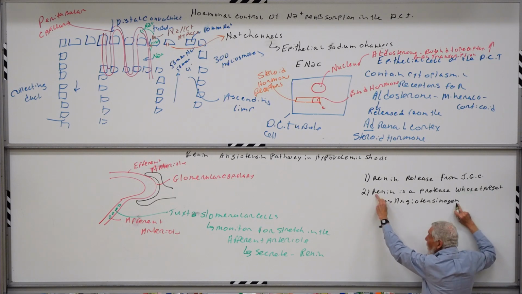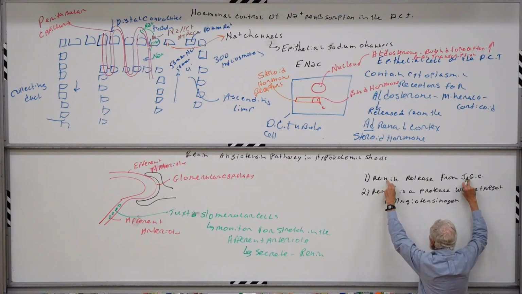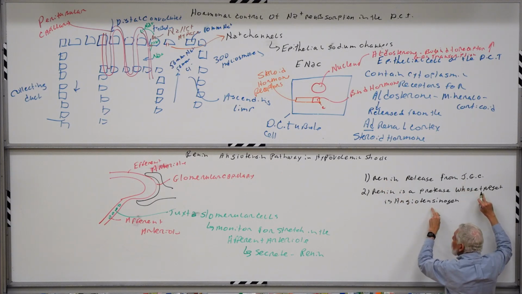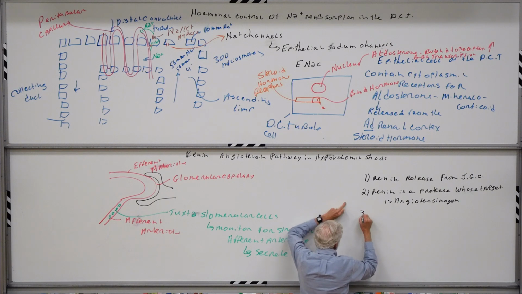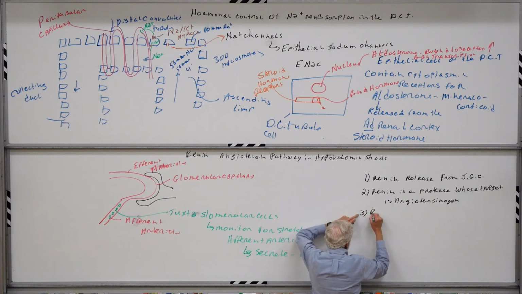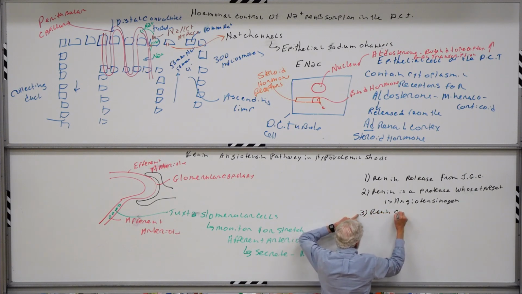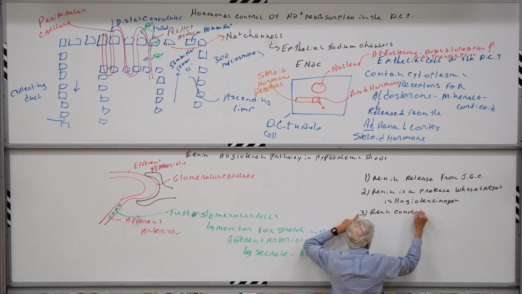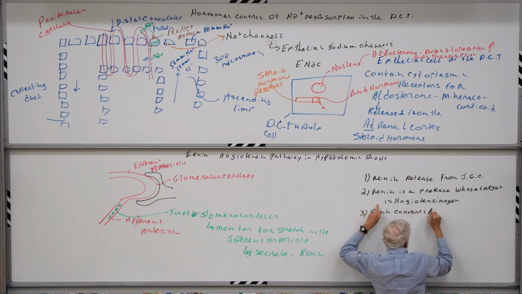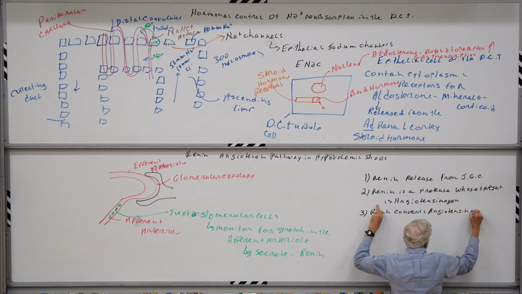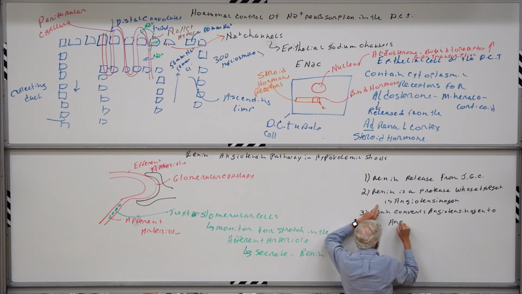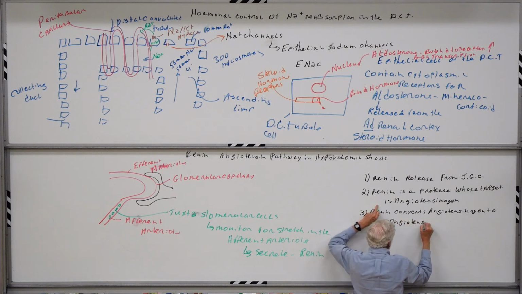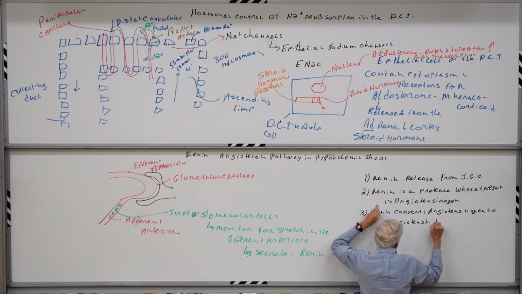So renin, released from the juxtaglomerular cells, binds to angiotensinogen. When it binds to angiotensinogen, the third step, renin converts angiotensinogen to angiotensin 1.